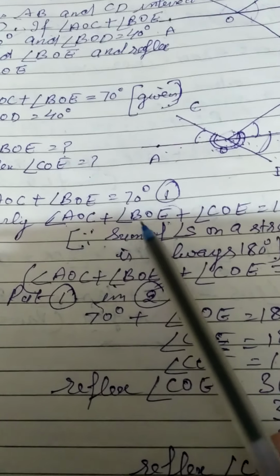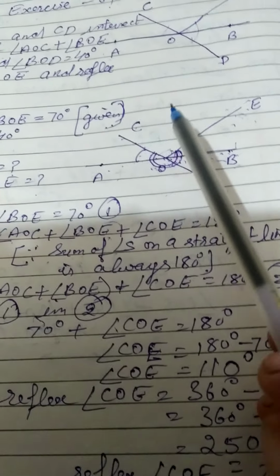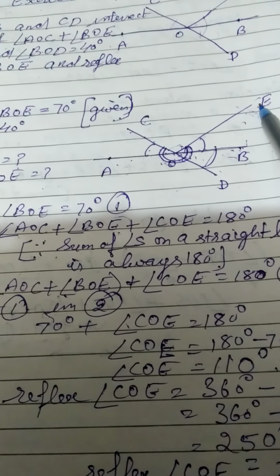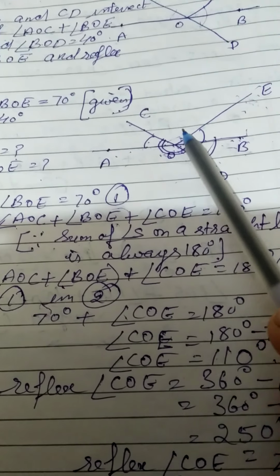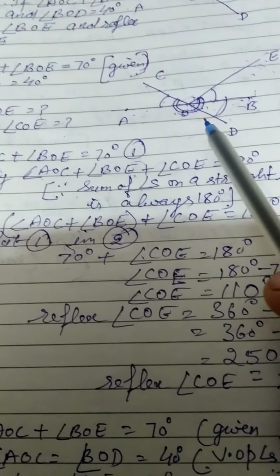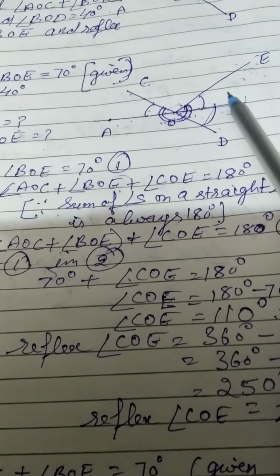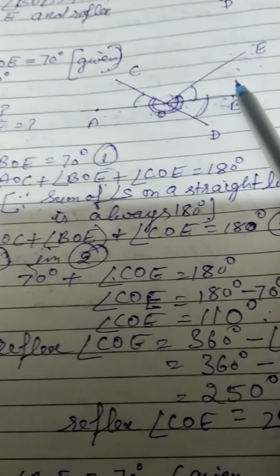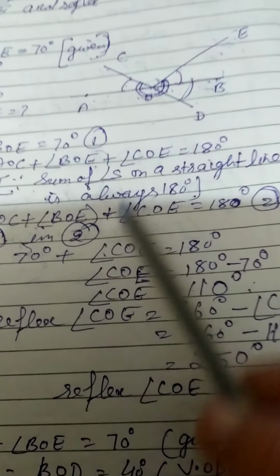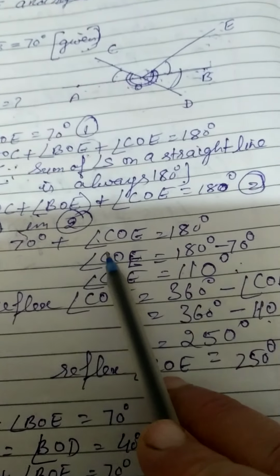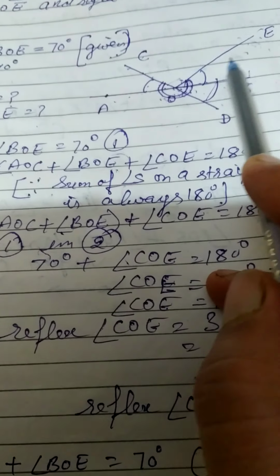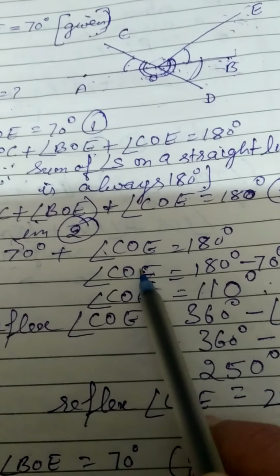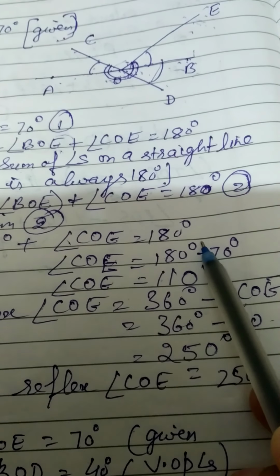Clearly angle AOC plus COE plus BOE is equal to 180, because these three angles are formed on a straight line, and the sum of these two angles is given, that is 70. We will put that sum in this equation, then we will get 70 plus angle COE is equal to 180.